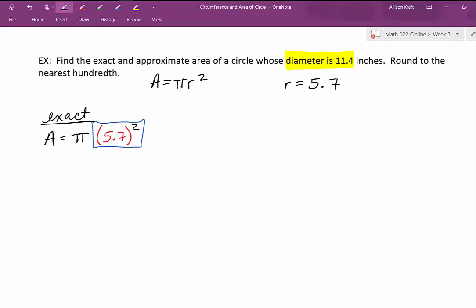Squaring the 5.7, we get 32.49 pi. And our squared unit, square inches.